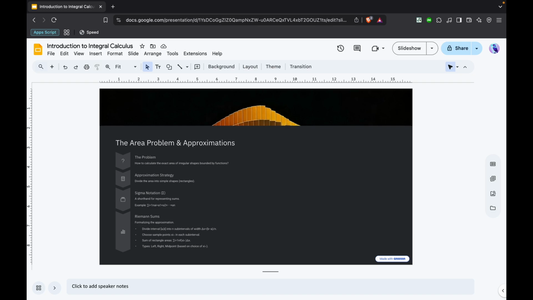So, for approximation, we divide the area into small shapes, rectangles, and use a notation called sigma notation, which basically means the sum of all of this. Then we divide the intervals, plug in values, and use different theorems, and you'll get a pretty good approximation.